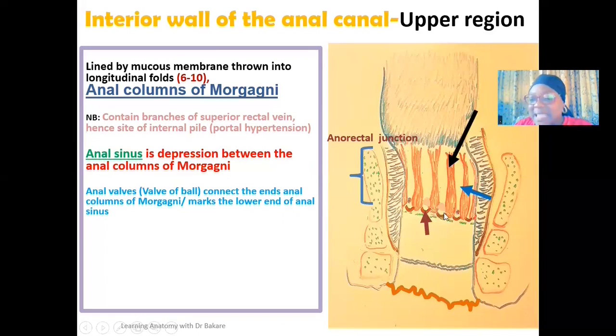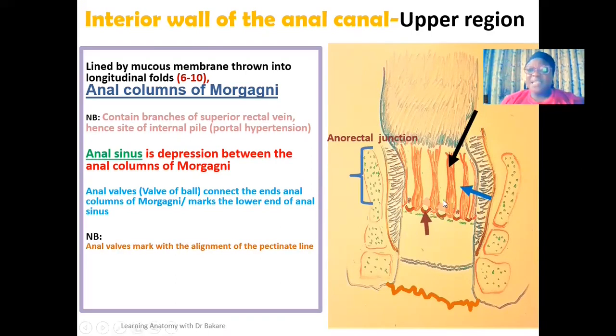You can see the anal valve linking or connecting the two anal columns of Morgagni. It depends on how you want to see it, because the anal sinus is created as a space between the anal columns of Morgagni, so it's seen at the inferior limit. And also because it is seen at the inferior limit of the anal sinus, it is seen to connect the two anal columns of Morgagni.